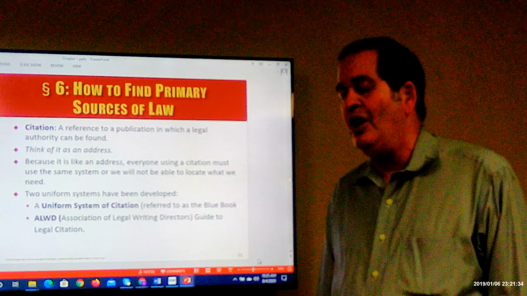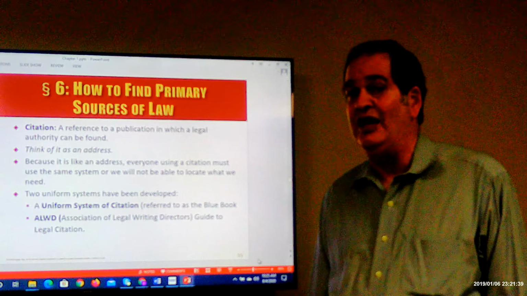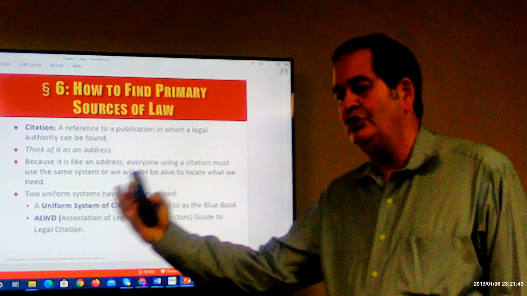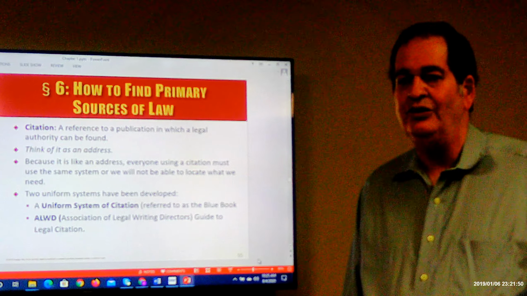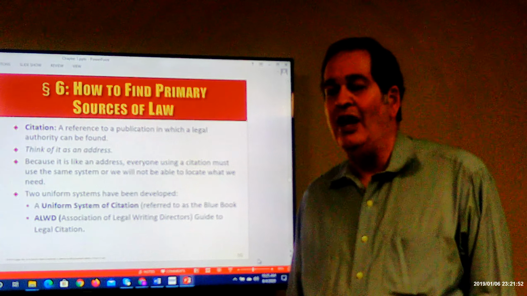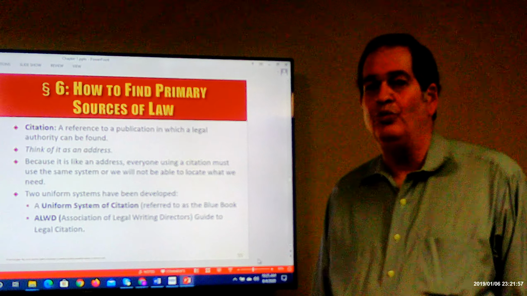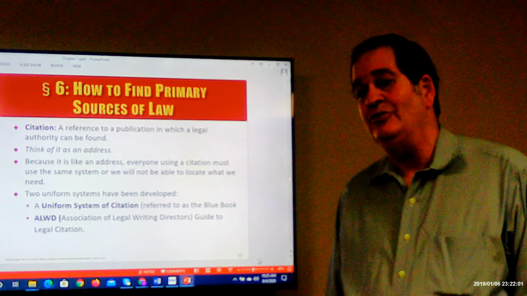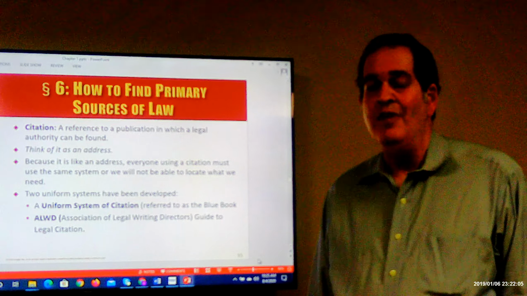Okay, now, because these cases or statutes can be found in various different publications, we have to have a uniform system so that we all go to the same address. Think of it this way: if somebody told you to go to 1020 Southwest 8th Street, and the streets were not numbered but instead named, so it wasn't 8th Street but Main Street, you might get lost.